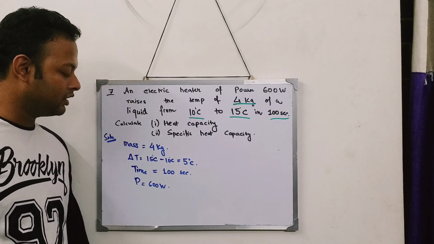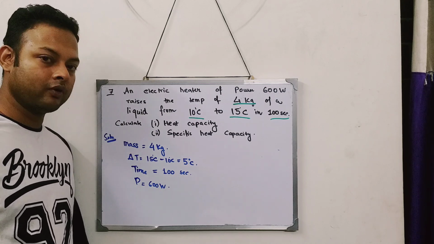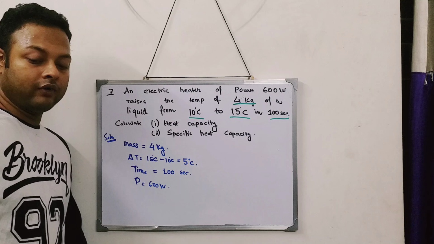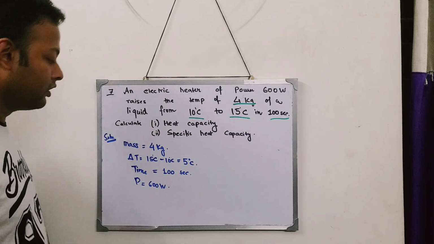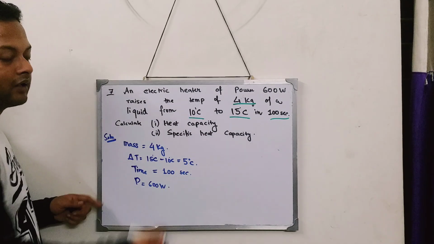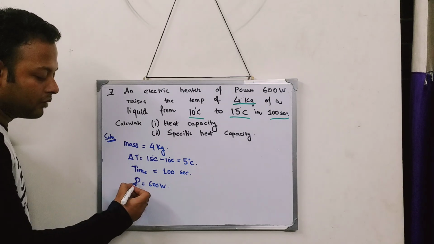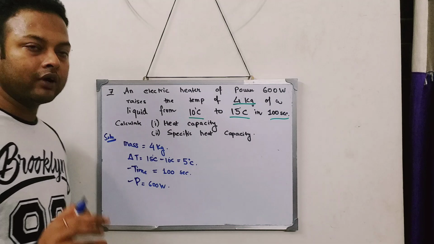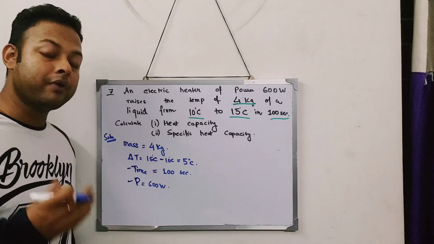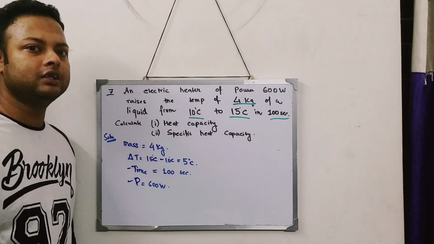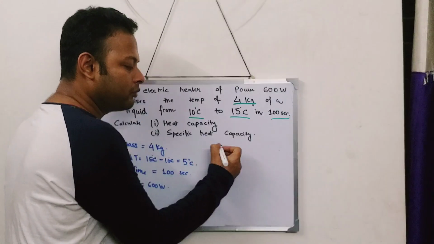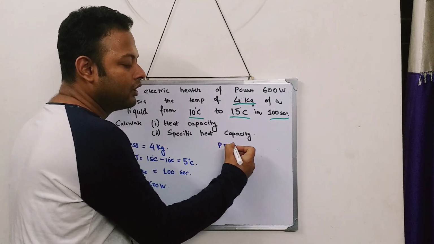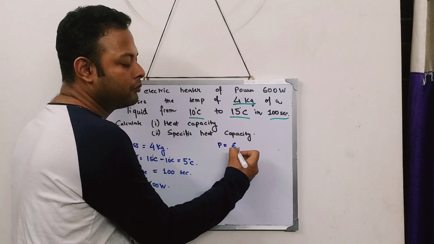So how do we get the specific heat capacity of this whole thing? Firstly, see, power is given and time is given. By these two terms, what can we get? Power and time can give you the heat energy, because we know a formula: power is equal to energy by time.